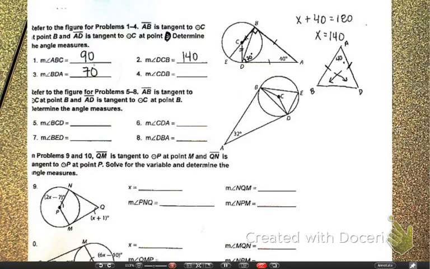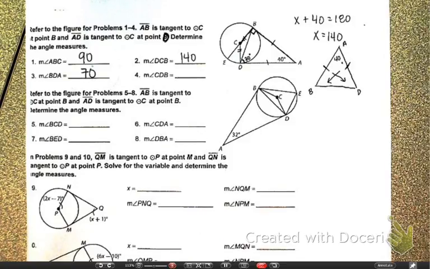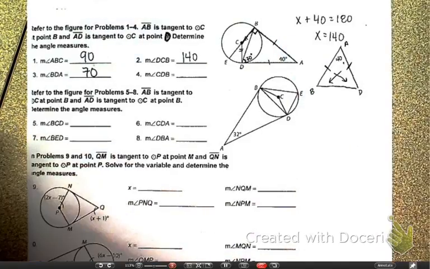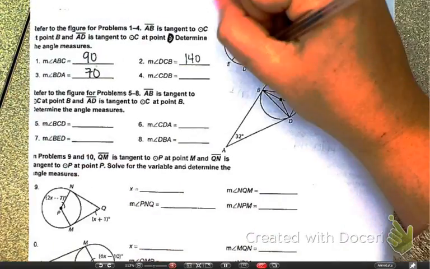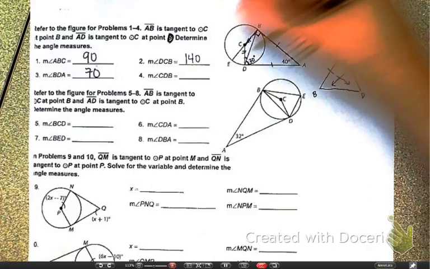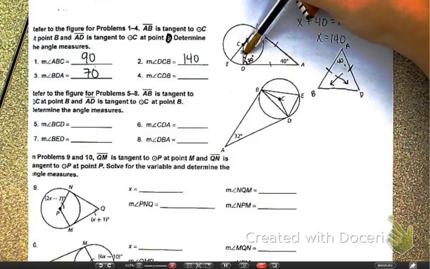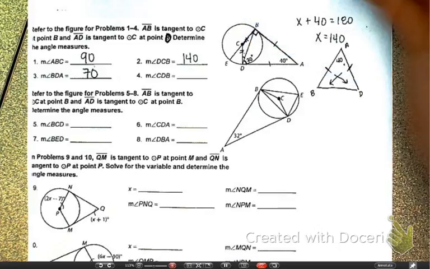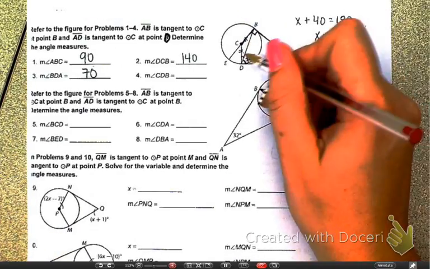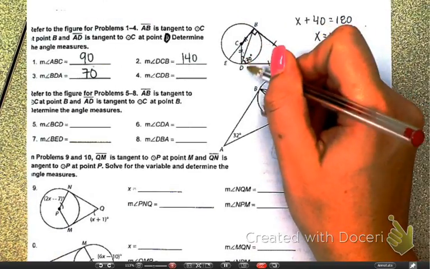We want to find angle CDB, which is, let me grab a different color. One second, Bailey. Which is this piece up here. Were you going to answer the question for me? What do you get? 20 degrees. Okay, so there's two ways to think of it. I can think of it as, I know this whole thing's 90, right?